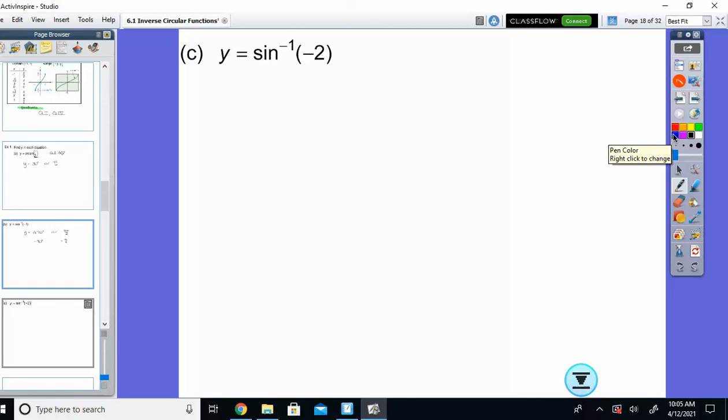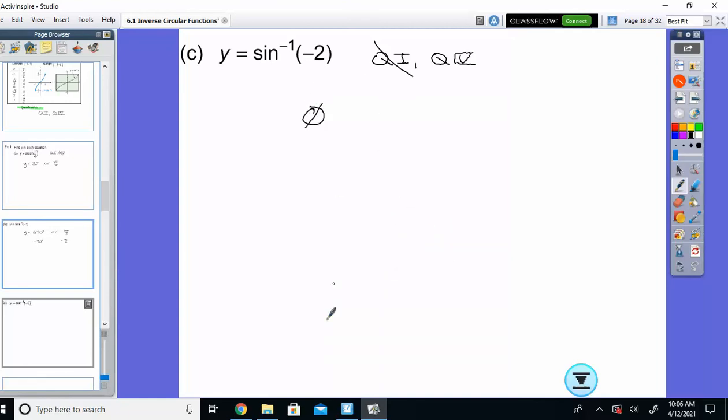Alright, sine inverse of -2. So sine inverse, it can be quadrant 1 or 4. If it's a negative, it's quadrant 4. When does sine equal -2? It doesn't. Think about the graph of sine. It falls between -1 and +1. Can it ever equal -2?